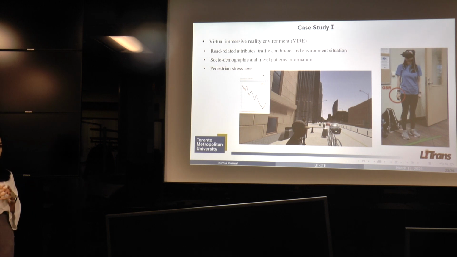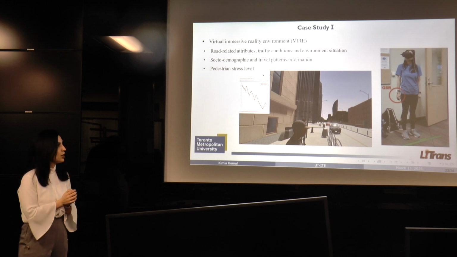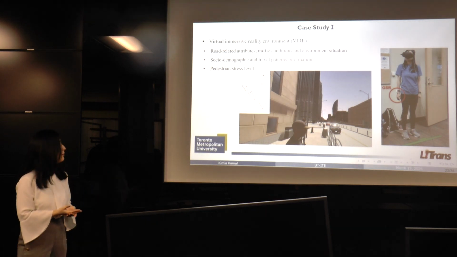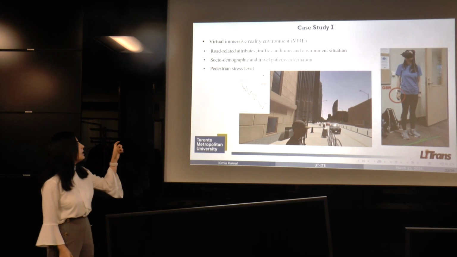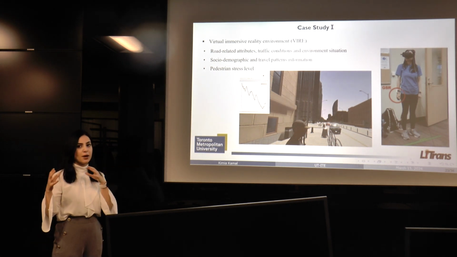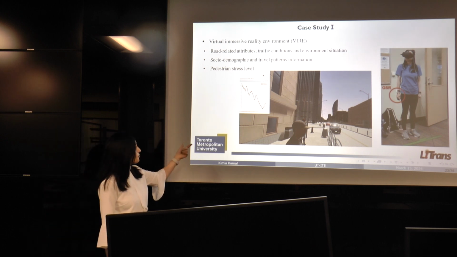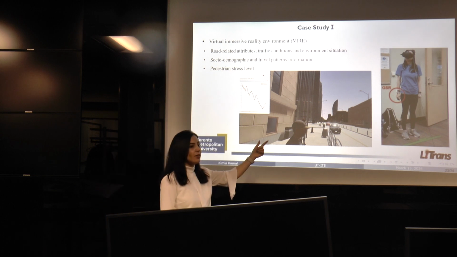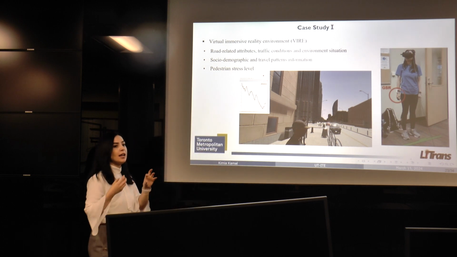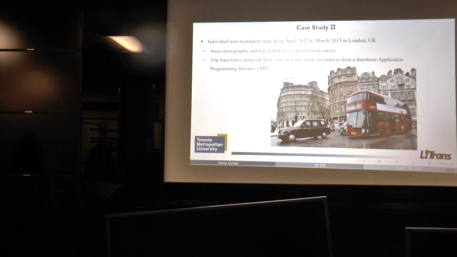Our dataset consists of road-related attributes, traffic conditions, and environmental situations gathered during the experiments. Also, our dataset includes sociodemographic and travel pattern information collected by questionnaires. And also, during the experiment, we use the galvanic skin response to collect pedestrian stress level during their crossing.